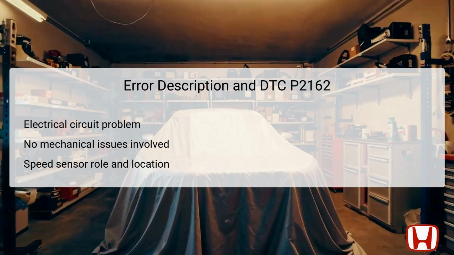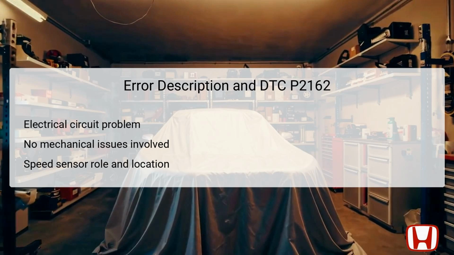DTC P2162 indicates an electronic problem specifically related to the vehicle's speed sensor. This sensor is integral for providing accurate speed readings to the TCM, allowing for optimal gear shifting and overall performance. It is typically located in the transmission system, usually at the output shaft, ensuring precise measurements of how fast the vehicle is moving.